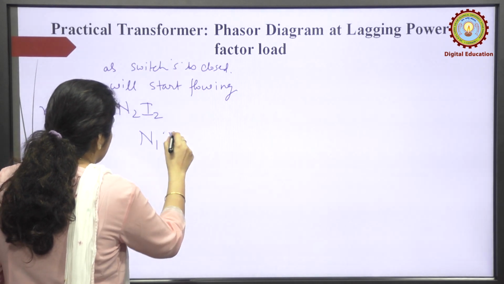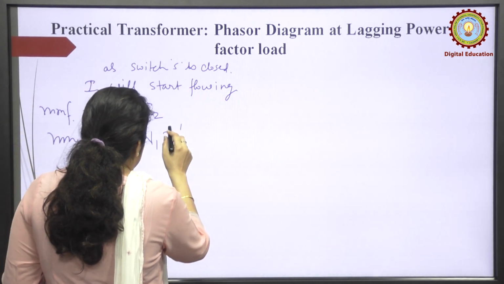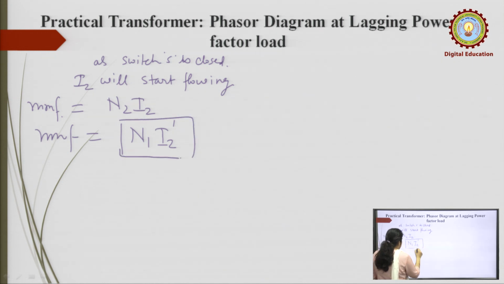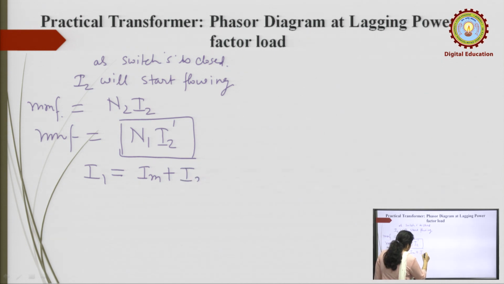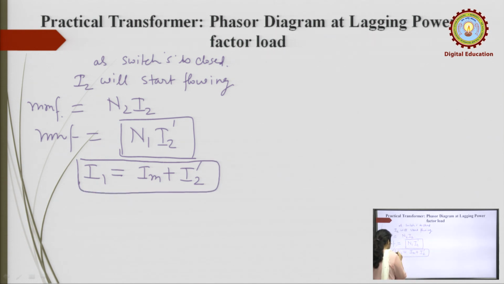So, the MMF produced by the primary side is N1 I2 dash, and this current I2 dash must nullify the effect of the MMF of the loading effect. Okay. So, on the primary side, when the transformer gets loaded, the current will be the magnetizing current plus the loading component.